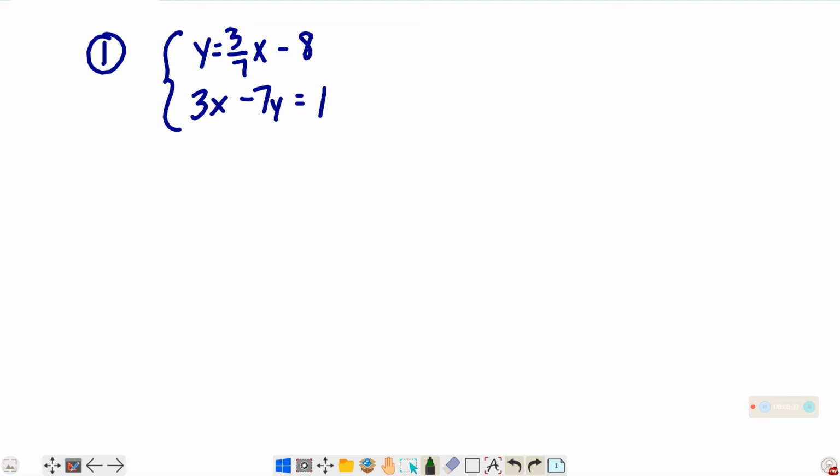In order to change this second equation into slope-intercept form, I need to make the y by itself. To do that, I need to move the 3x to the other side. And I have negative 7y remaining on the left.